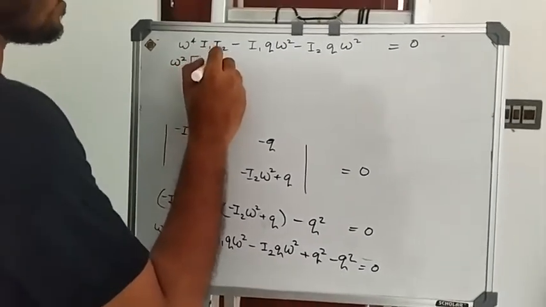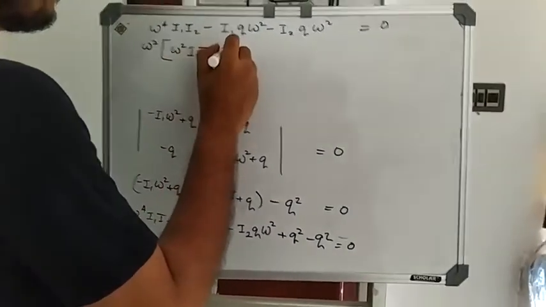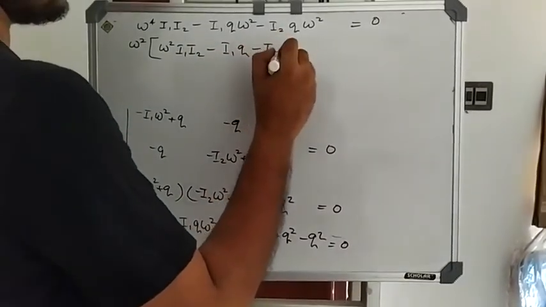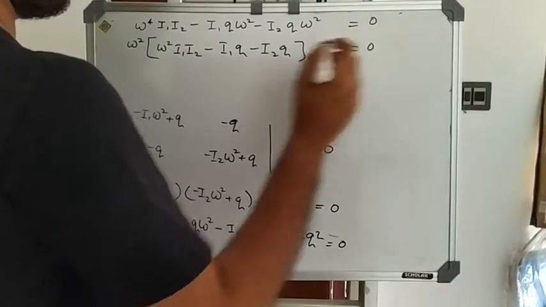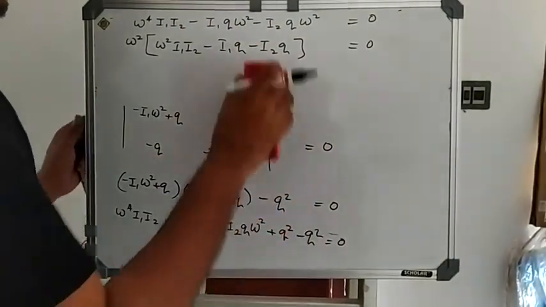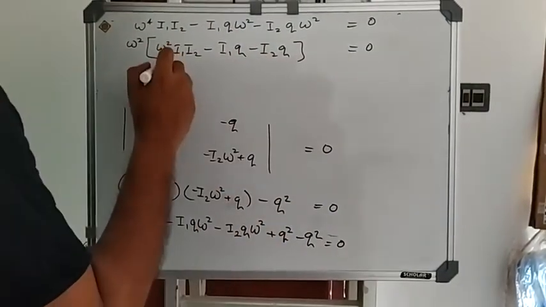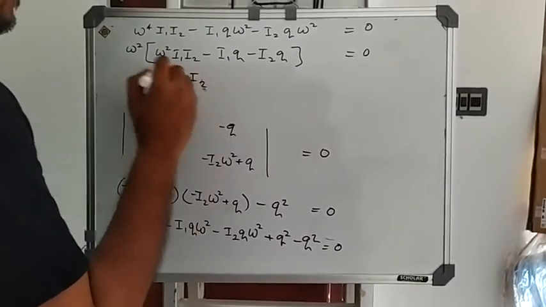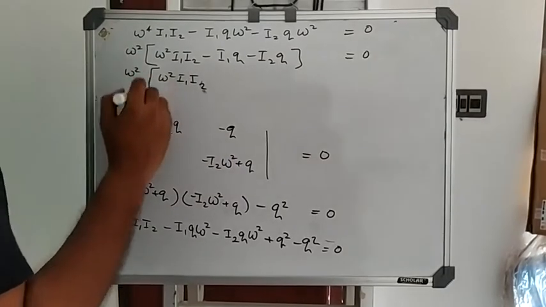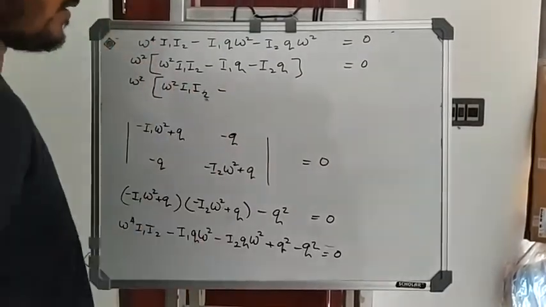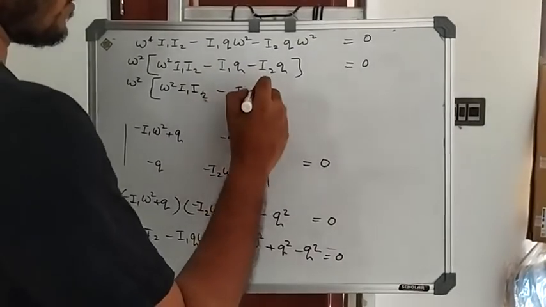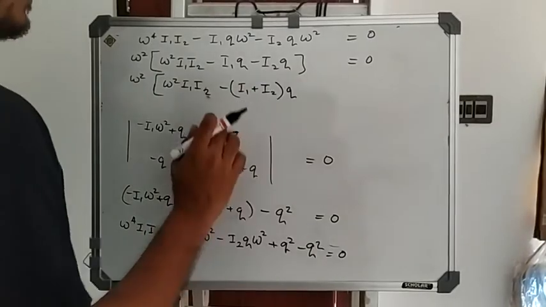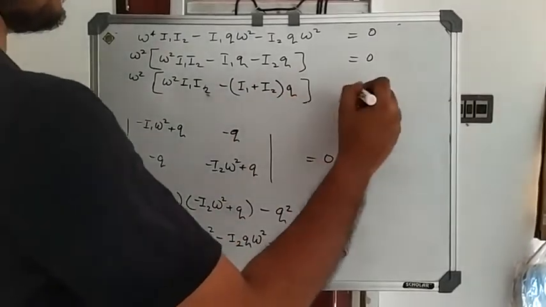Remaining will be omega square into I1 I2, minus, from these terms, I1 q minus I2 q equal to 0. Now you can take q common and rewrite this one. What will be this one? This will be omega square I1 I2 minus of I1 plus I2 into q. If we expand this, this will be minus I1 q, this will be minus I2 q, equal to 0.